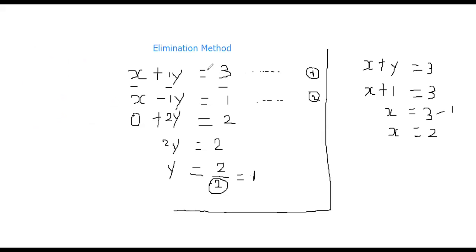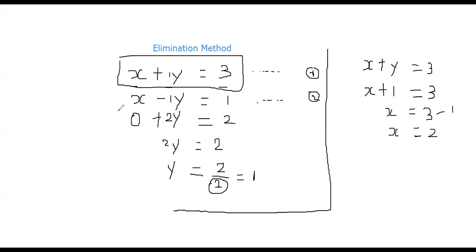For instance, on the first one, look in here for the first equation, right? x is equal to 2. So we say 2 plus, and y is equal to 1. 2 plus 1 equal 3. So we get it back, right?